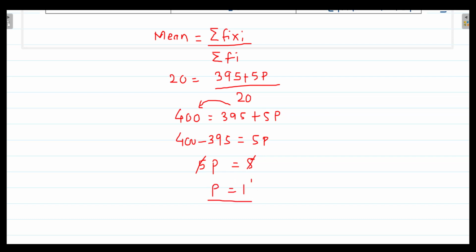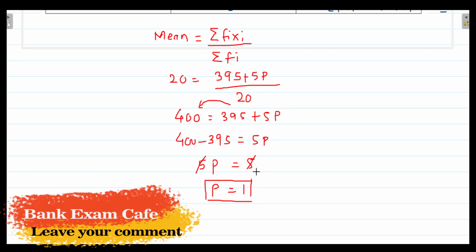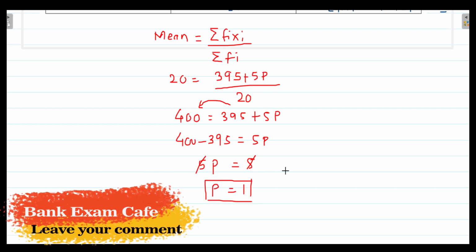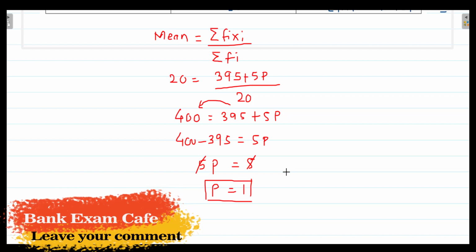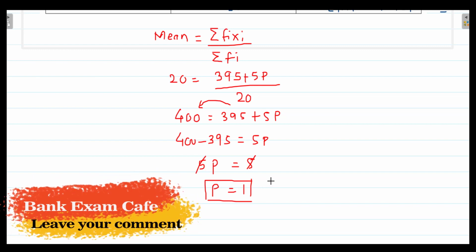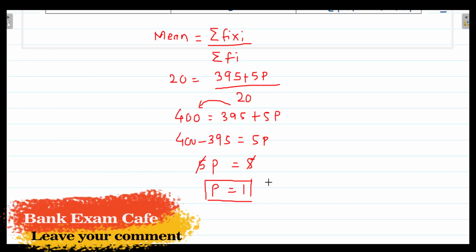So the value of p you have got as 1. So always highlight your answer also. First you have to highlight summation of fi, then highlight summation of fi xi, and then whatever be your answer, highlight your answer, because the examiner will be easily able to spot these important steps.